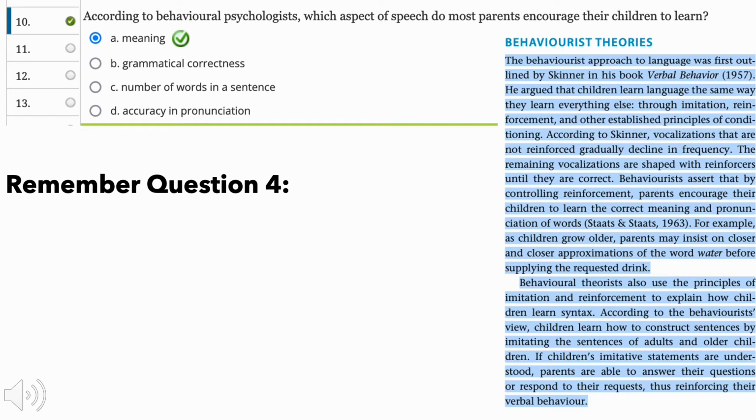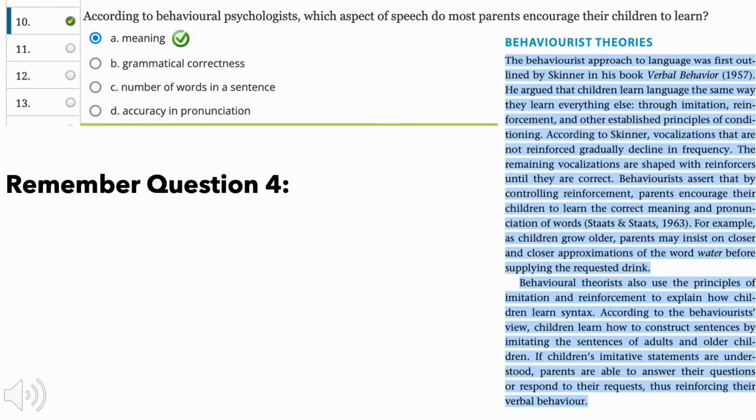The remaining vocalizations are shaped with reinforcers until they are correct. Behaviorists assert that by controlling reinforcement, parents encourage their children to learn the correct meaning and pronunciation of words. For example, as children grow older, parents may insist on closer and closer approximations of the word water before supplying the requested drink. Behavioral theorists also use the principles of imitation and reinforcement to explain how children learn syntax.